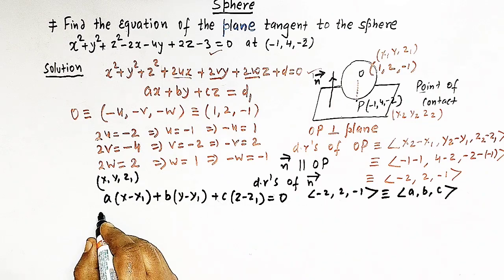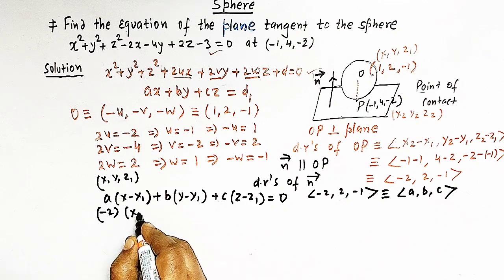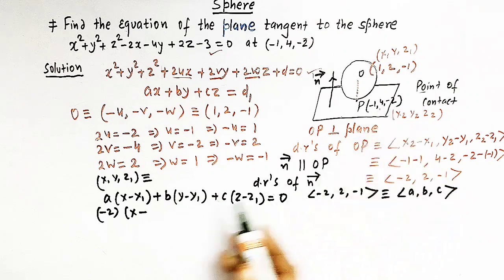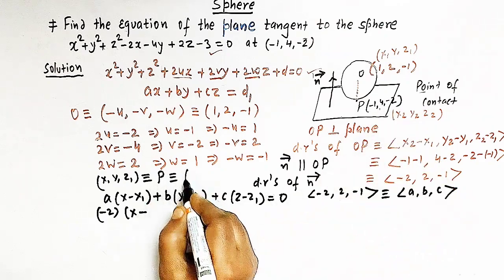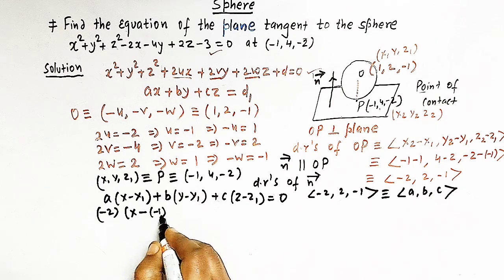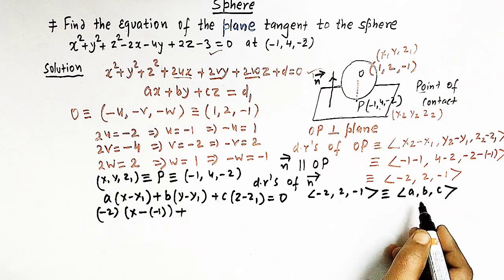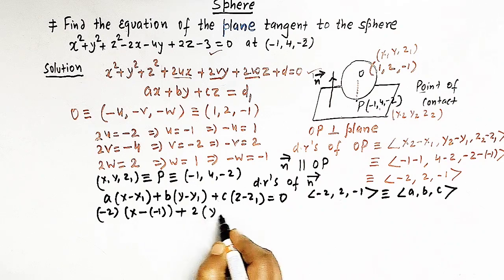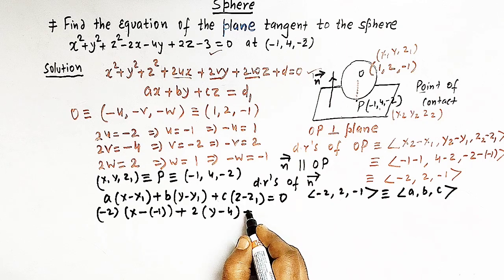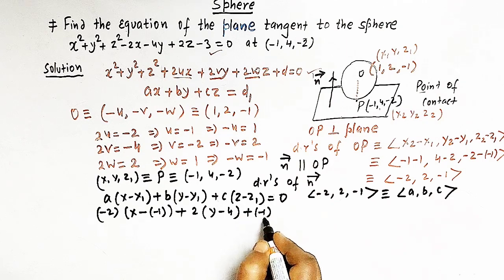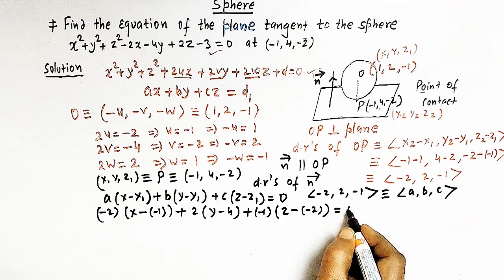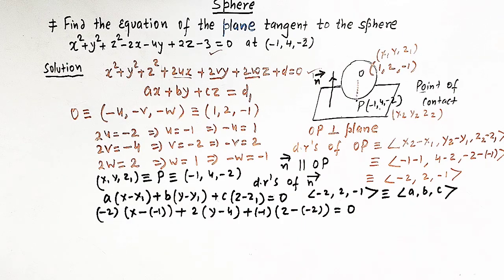So here we have now a minus 2, then we have x minus x1, where x1, y1, z1 may be taken as this point P, which is minus 1, 4, comma minus 2. So here we have minus 1, then b is 2, and y minus 4, y1 is 4, and then c is minus 1, and z minus minus 2, and this is equal to 0.